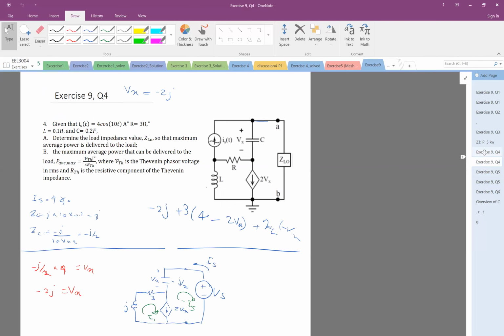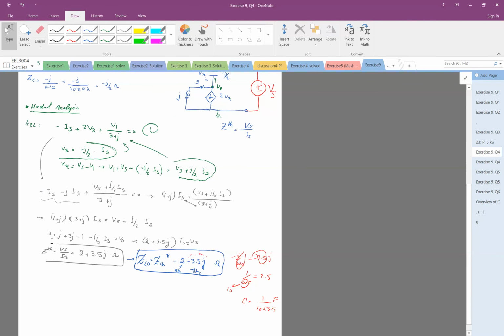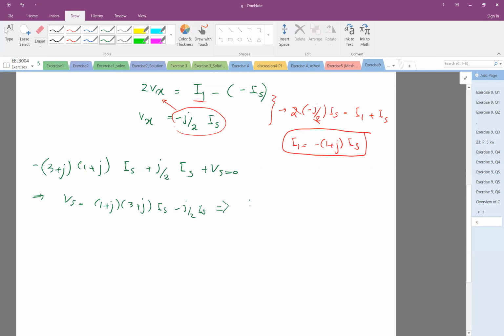If I find it similar to this, I get 2 plus 3.5J, which is the Thevenin.